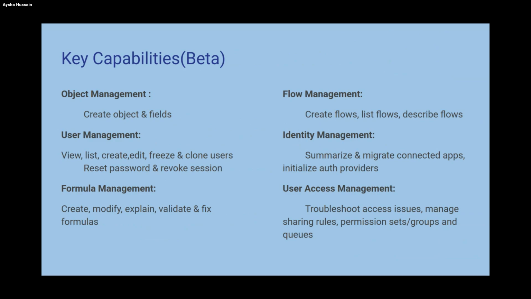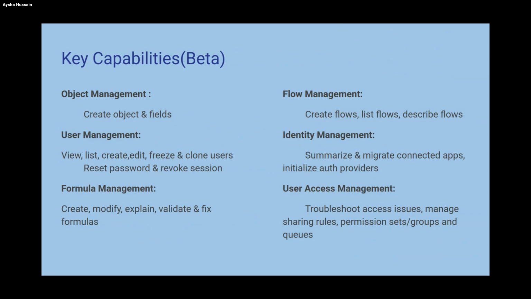So a new admin who steps into the role, if they want to understand what exactly a flow does, can ask the assistant to describe what the flow does and what its use is. It can narrate where it is used and what criteria it checks. It gives a small paragraph on what it does, instead of clicking each element and checking what criteria are defined or what the decision element has given, and so on.